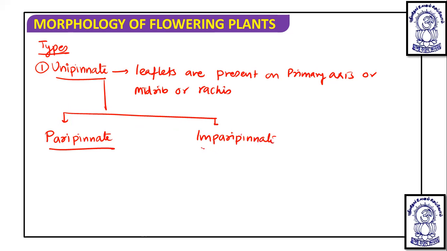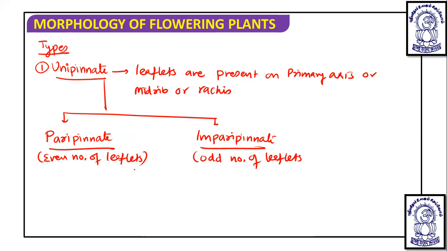When it is imparipinnate or paripinnate, if we talk about, then here the leaflets are in even number. Paripinnate means even number of leaflets, and imparipinnate means odd number of leaflets. Now, if an even number of leaflets is present here, these are the 2, 4, and 6, then it is paripinnate.